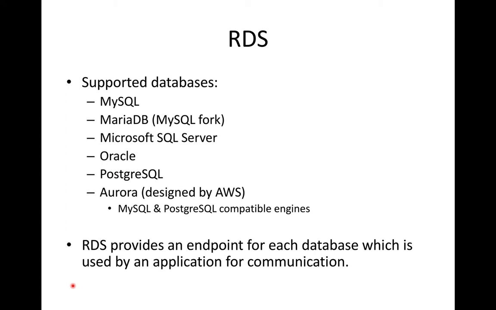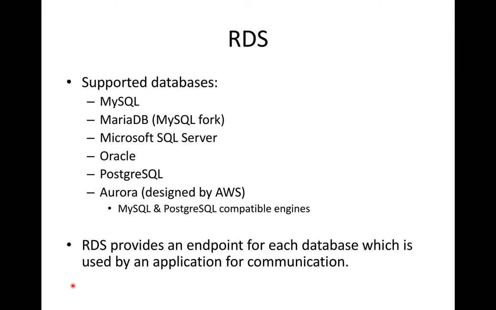Now, when you use the RDS service, you can deploy a number of different types of databases. Databases such as MySQL and MariaDB. Also, commercial databases like Microsoft SQL Server and Oracle. Additional databases include Postgres and Aurora. Now, Aurora is kind of a special database platform.